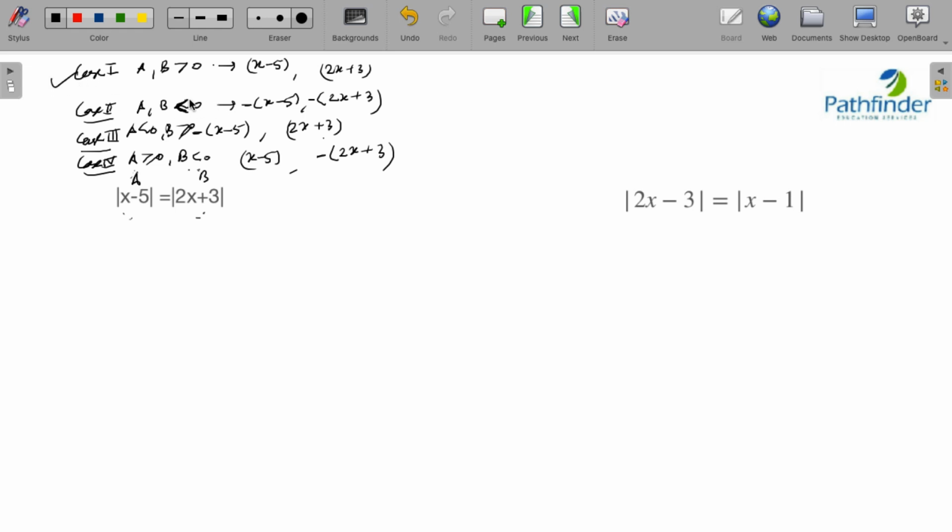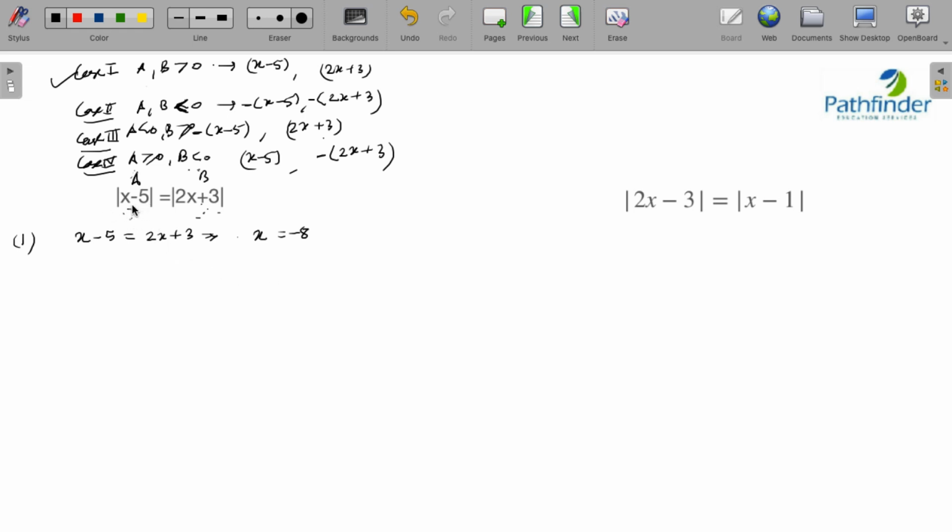Let us take the first case. In the first case, both of them are greater than 0. So I can simply write it as x minus 5 is equal to 2x plus 3. This is your case 1. So which implies x is equal to minus 8. Now does x is equal to minus 8 satisfy?